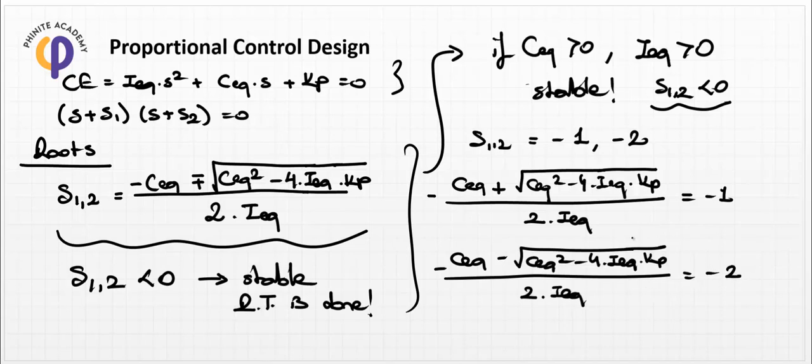This is the pole placement method, because if we set these roots to -1 and -2, we can obtain the proper Kp value.